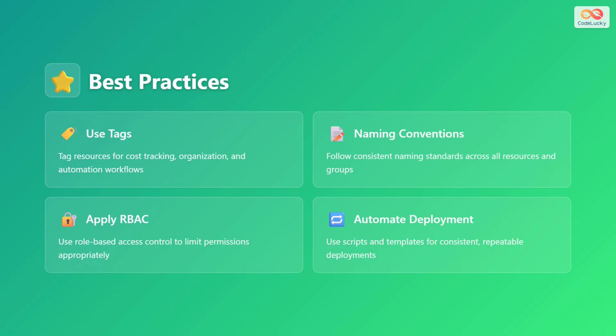Third, apply role-based access control, or RBAC, to limit permissions appropriately. Only give users the minimum access they need to do their jobs. Finally, automate your deployments using scripts and templates. This ensures consistent, repeatable deployments and reduces the chance of human error when creating or modifying resources.